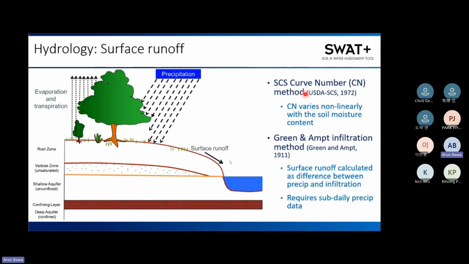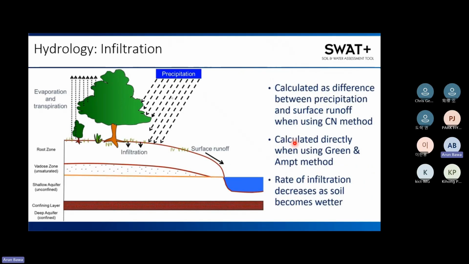So SWAT uses the curve number method at a daily scale, but it uses the Green-Ampt infiltration method when you are using a sub-daily scale. When you are using a daily scale, your precipitation is there, and it will calculate surface runoff out of that using the curve number method and subtract the two to calculate infiltration at the daily scale. But when you are using a sub-daily scale, it will calculate based on the Green-Ampt equation, the second equation.